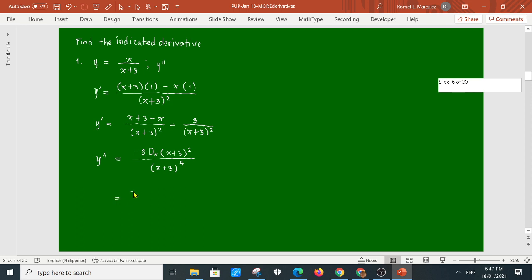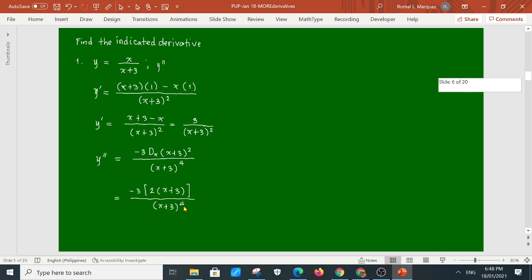Okay, so that is negative 3. So this is the general power: drop the exponent, copy the base, subtract 1 from the exponent, get the derivative of the base, 1. And so we now have all over x plus 3 quantity to the 4th.